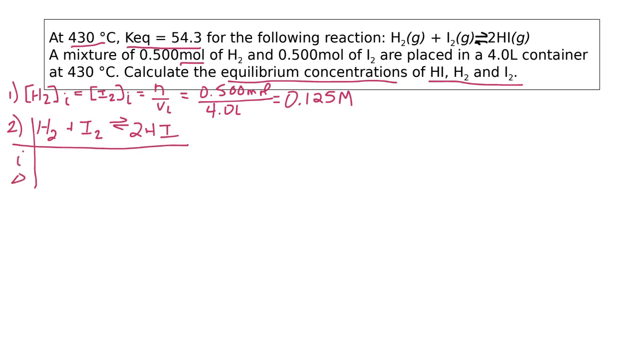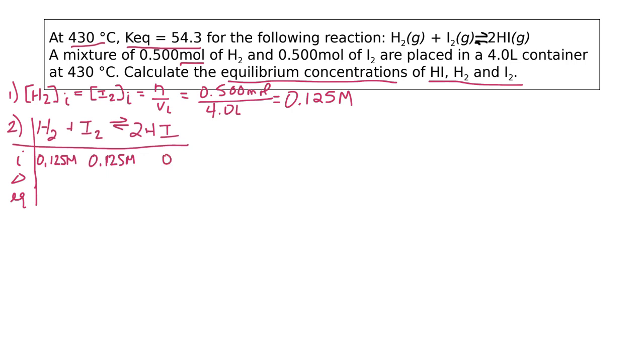We have our initial, our change, our equilibrium concentrations, and we're going to sub them in. We know that these initial concentrations are 0.125 molar for hydrogen, the same for iodine, 0.125 molar. And we assume right now that that has been placed in the flask, the lid went on, and now we're waiting for the reaction to occur.